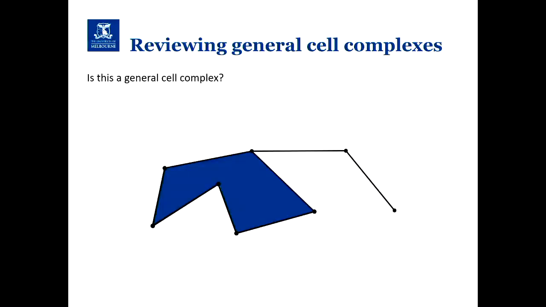Is this line a cell complex? Yes, so it's a 1D, 1-cell complex. Can I also call it a simplex? Yes. How about this point? Yes, it's a 0-cell and also a 0-complex. Great, and the whole thing is just a complex. If everything is included, it's a complex. But this is a cell complex, right?